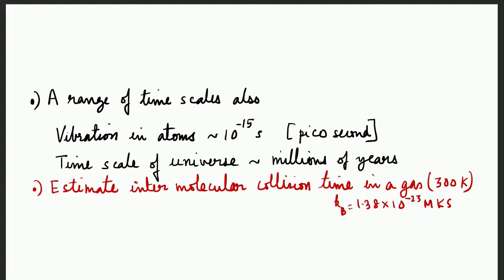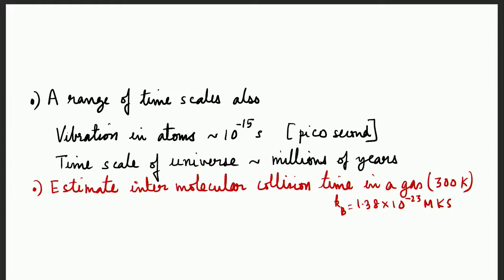On the other hand, the time scale associated with the universe is of the order of millions of years, like 10 to the power 5, 10 to the power 10 years. So if I take this ratio, again it's a huge number. Depending on the time scale and length scale, you can have a wide range of scales on which we can focus our interest.